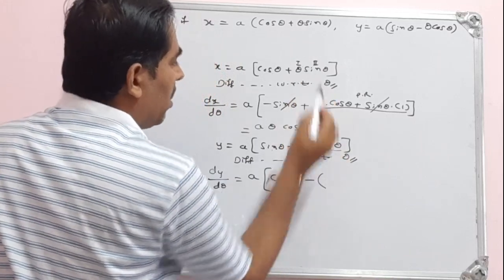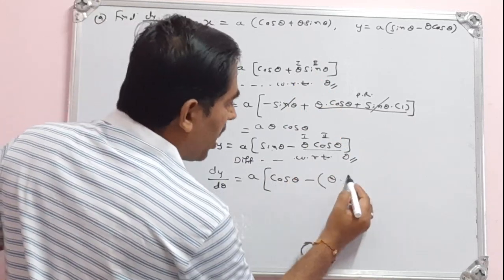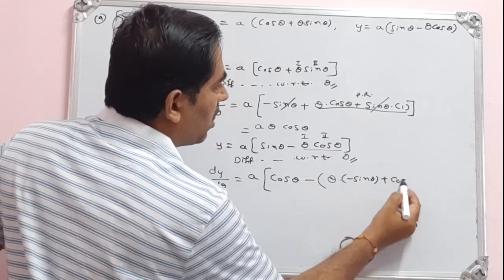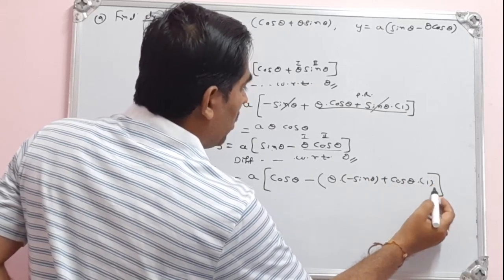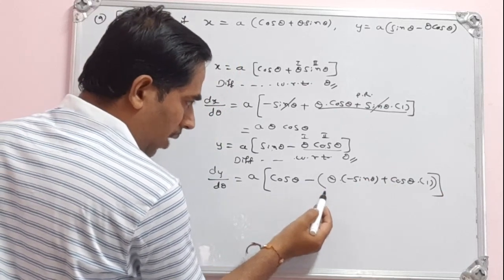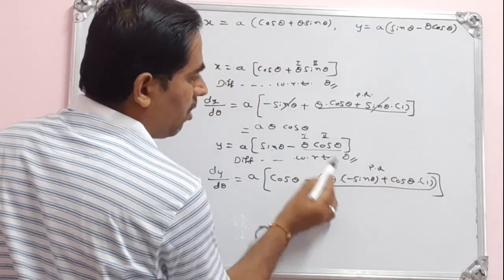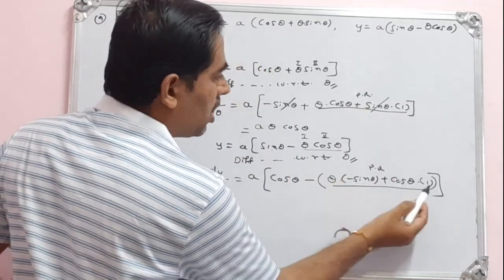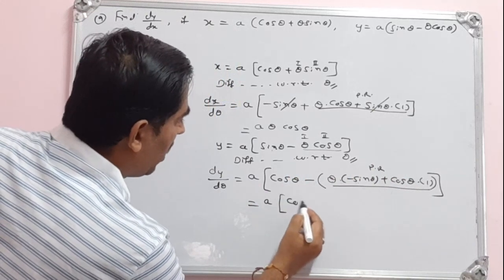Once again, as I did here, the first function is theta, into derivative of cos theta, which is minus sin theta, plus second function cos theta into derivative of theta with respect to theta, which is 1. All these things are inside the bracket, that's why I have written the bracket here. So we can write a as it is outside, then cos theta.